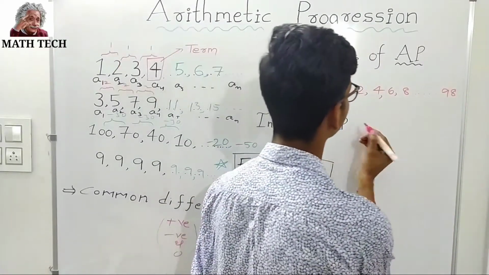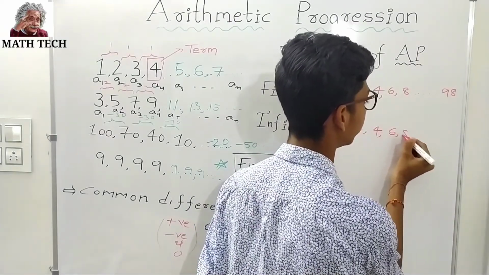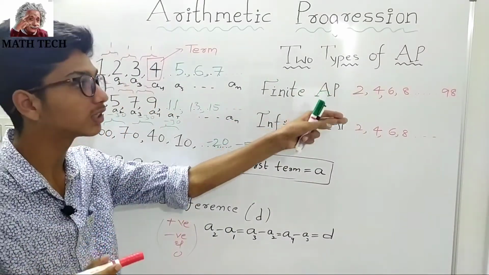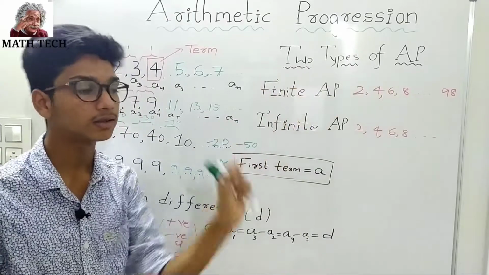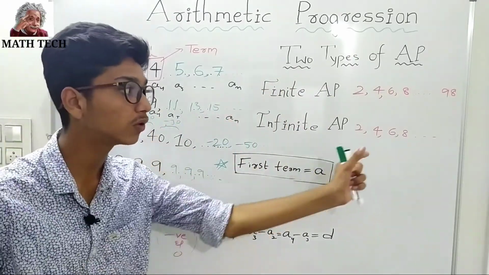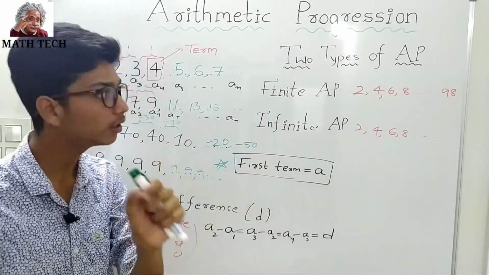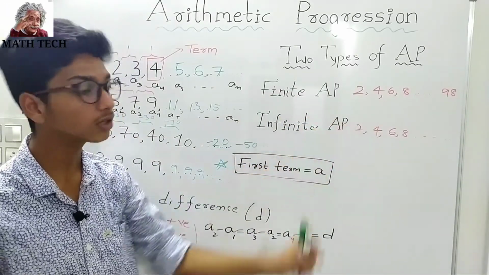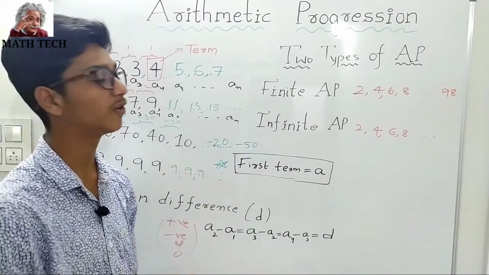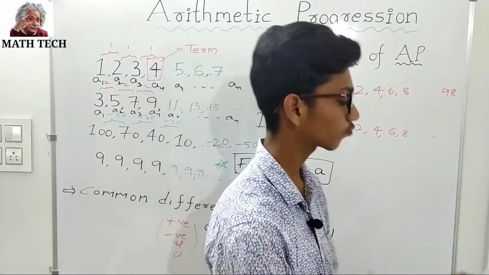In the finite arithmetic progression we have a certain end, that is 98, and in the infinite arithmetic progression we don't have an end. If the arithmetic progression has an end, it is a finite arithmetic progression. If it does not have any end, it is an infinite arithmetic progression.